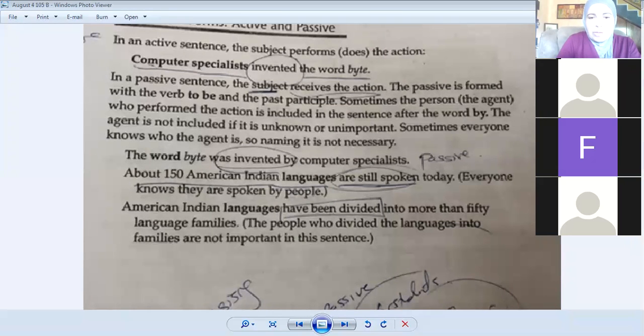Then we also put the new verb, and the verb is formed like this. We do auxiliary and being and what? Verb 3, and then complement if there is a complement. If there's no complement, we forget about it. Then by subject. This is the rule.